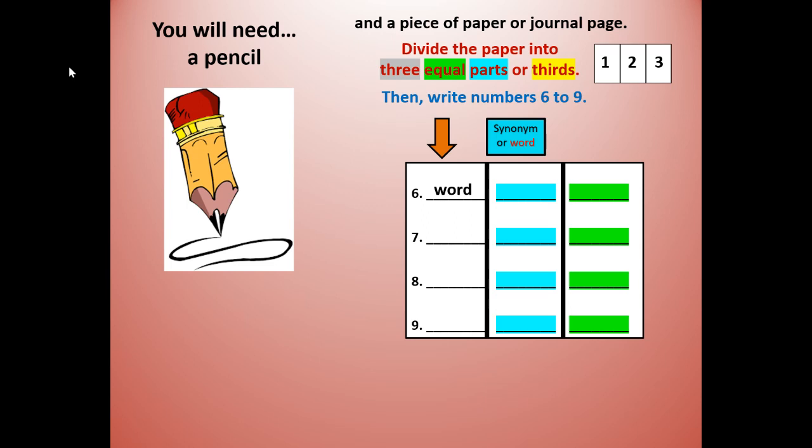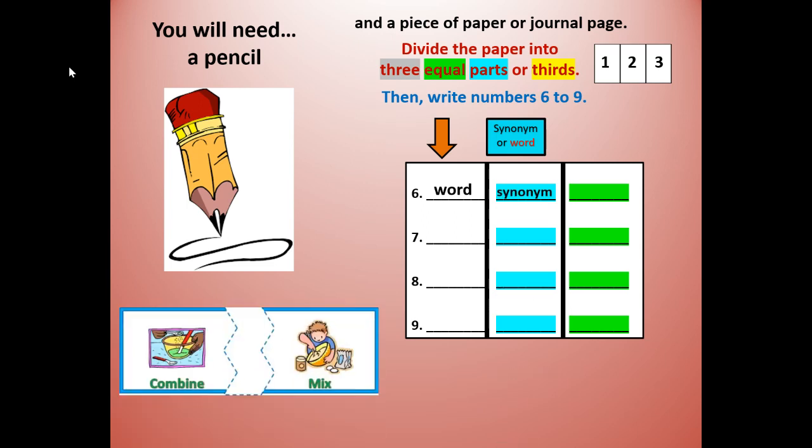And then in the second column, you're going to write a synonym. And a synonym means a word that means the same. For example, combine is a synonym or the same as mix. They mean something similar, so they are synonyms.